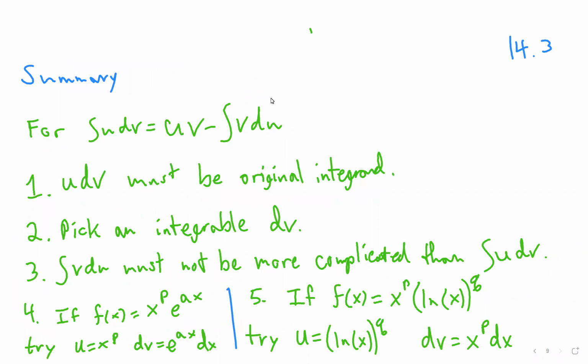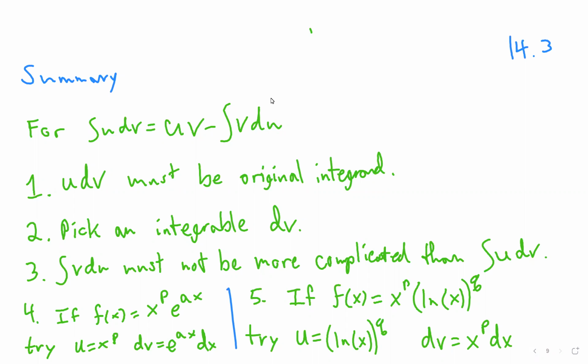So in summary, for the integration by parts formula, the integral of u dv is equal to u times v minus the integral of v du. You would have some u dv, which is the original integral, and you would pick an integrable dv, so you're able to create your v from that differential dv.